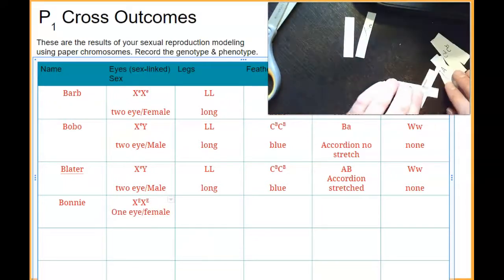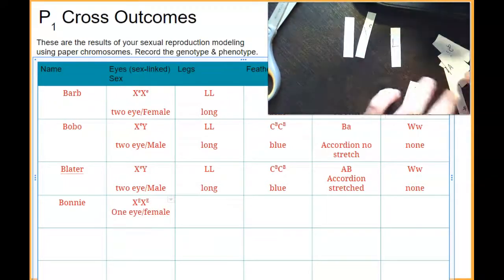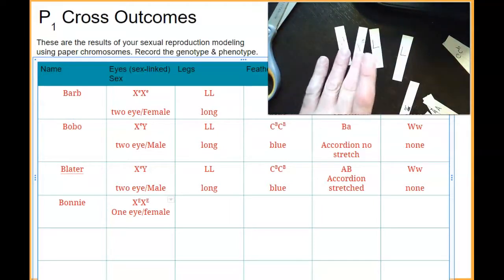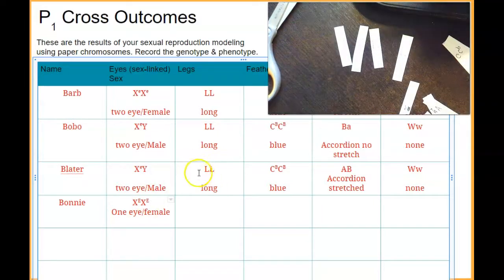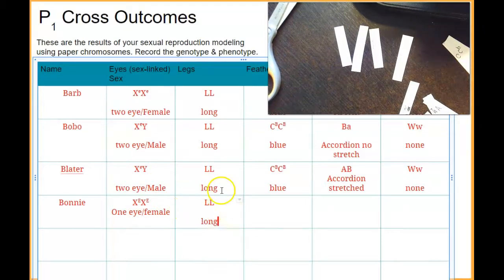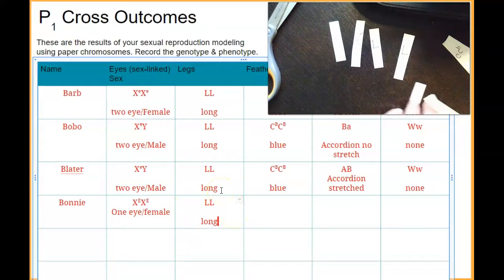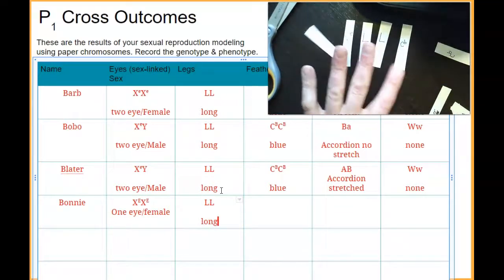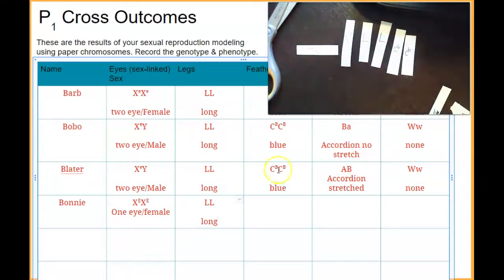Let's see what we got for legs now. Let's see, we got L. Both parents had capital L, so this should be just like their brothers and sister. 2 big L's, so it is long legs. For feather color we've got C with the superscript B, C superscript B, just like her brothers.